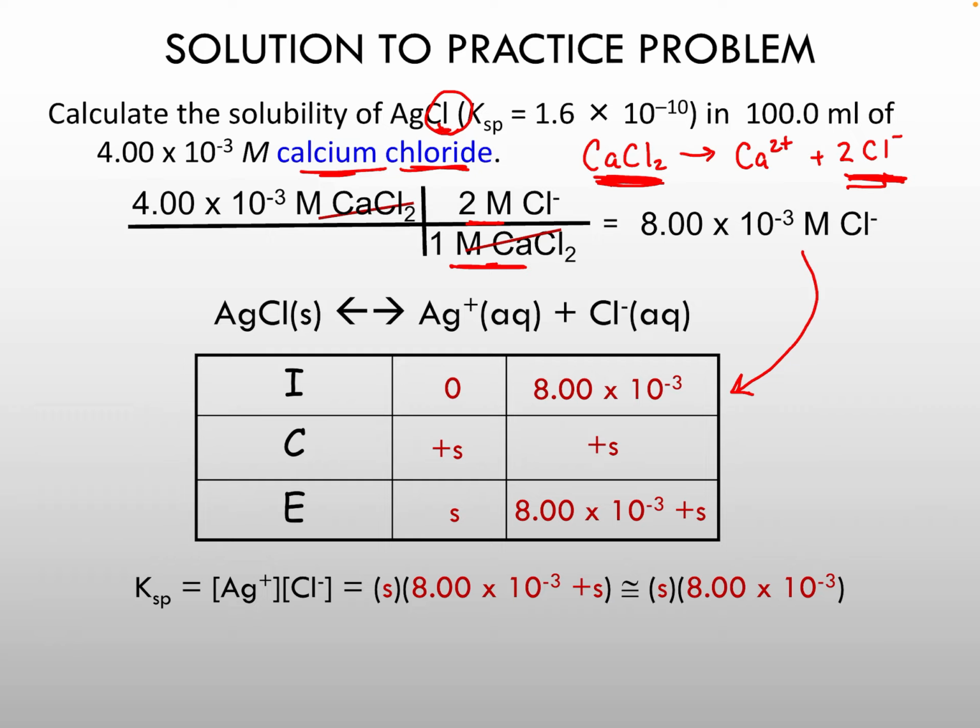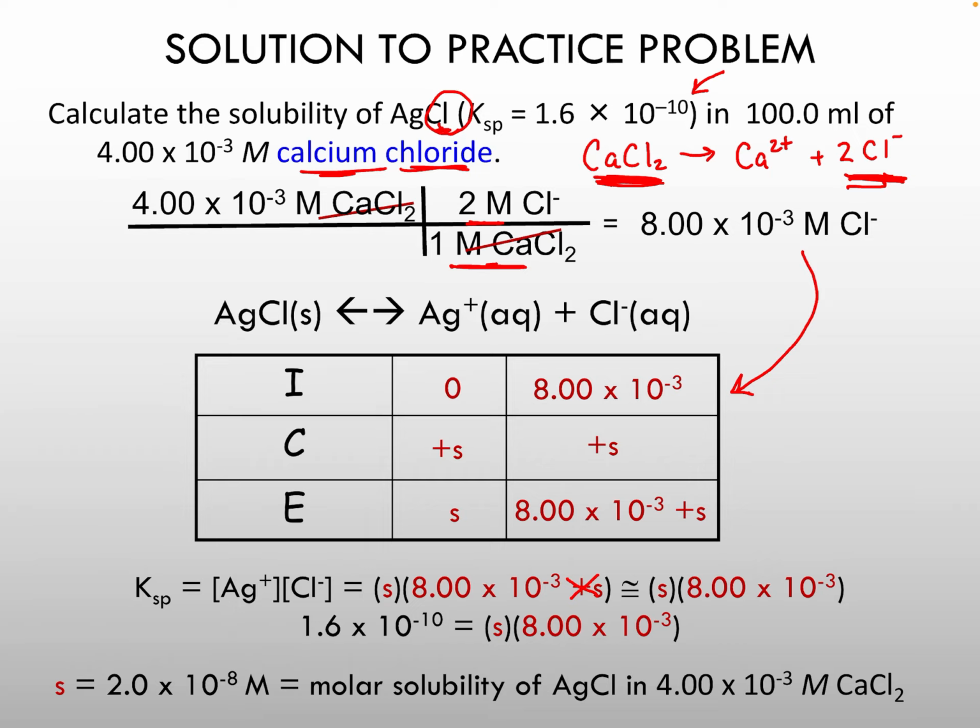Because our Ksp value is very, very small, we can say that our change in concentration is going to be negligible, so we can get rid of that plus S there. Then we can solve for S, which is divide both sides by 8.00 times 10 to the minus 3, and we will get the molar solubility of silver chloride in our calcium chloride solution. Again, it's not going to be very soluble because we have that common ion present, which is shifting the equilibrium back toward the formation of the solid.